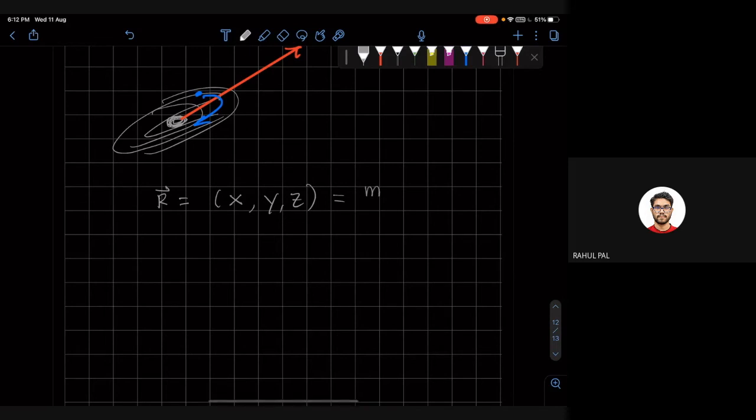So the center of mass is M1 times the position of the first particle, plus M2 times the position of the second particle, divided by M1 plus M2.